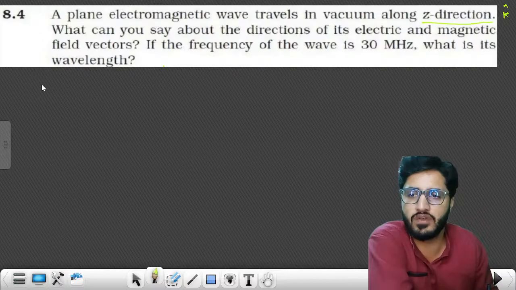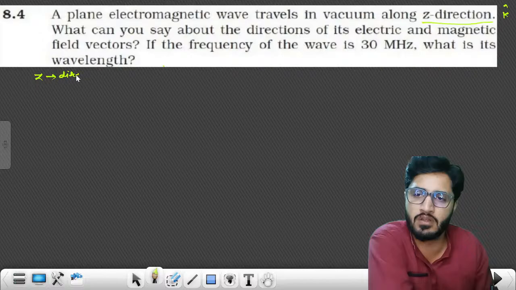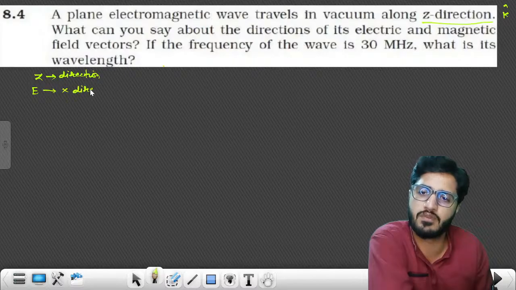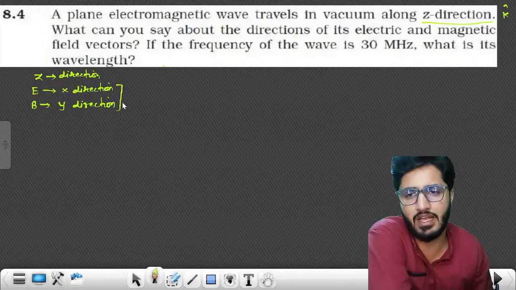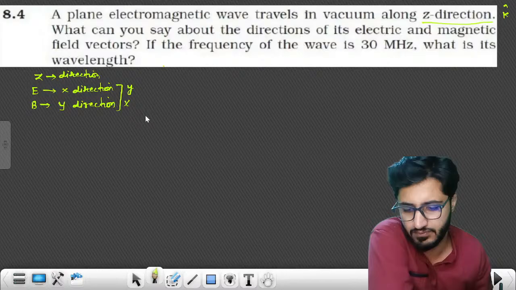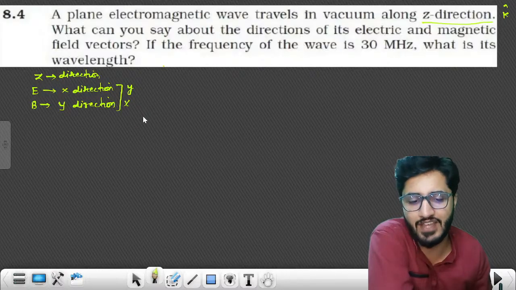If it is going along the z direction, my electric field will be in the x direction and my magnetic field will be in the y direction. Done? You can write it the other way also, y and x. No issue. We don't need to be exact here.